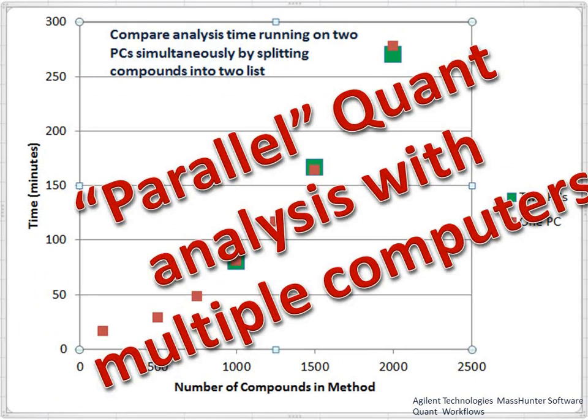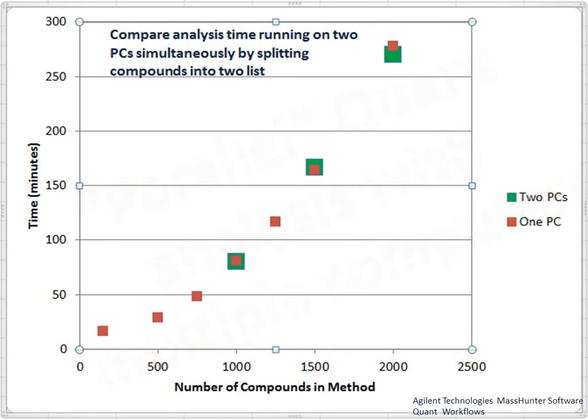All right, let's take a look at the experiment. This experiment compares running a batch on one PC versus running two batches on two PCs in terms of the finishing time.